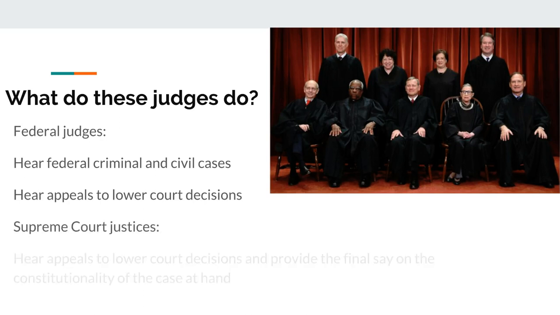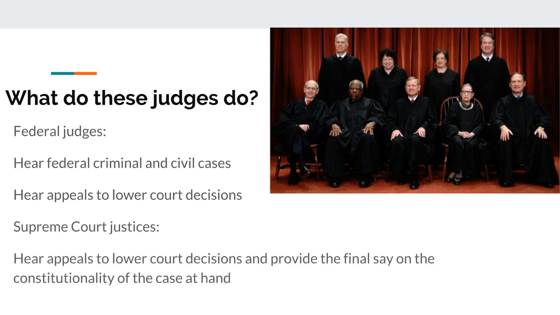So the Supreme Court justices are going to hear those appeals from lower courts, either from the states or from the federal court system, and they're going to give basically a final say on was this case correctly completed? Was everything followed constitutionally? And if not, the Supreme Court may issue a ruling that says this no longer can be done, or this was unconstitutional.